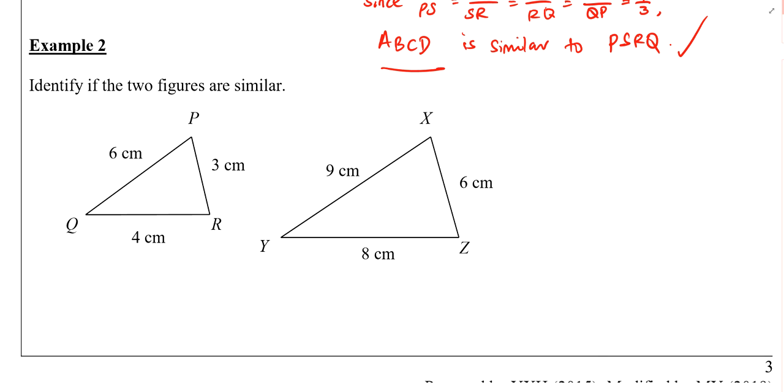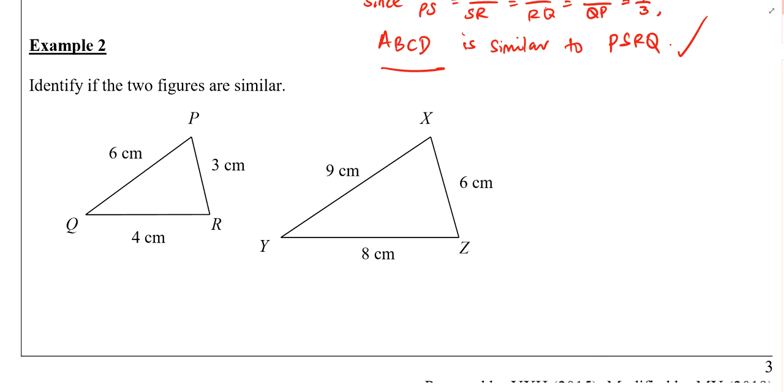If I'm not sure whether they are similar or not, can I for sure tell what are the corresponding sides? You get my question? Because corresponding sides are applicable only for congruent and similar figures. In this case, they might not be similar after all. What if they are similar then? If they are similar, can you tell where the corresponding sides are?